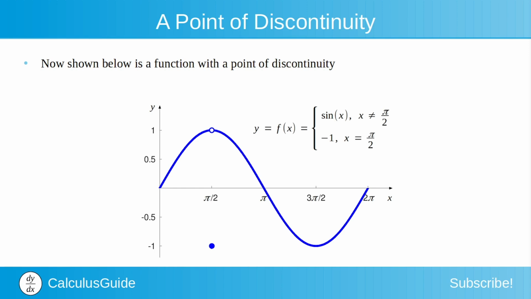This function has a point of discontinuity at x is equal to pi over 2. We cannot draw this function with an unbroken line. This function is not a continuous function. It is not continuous at every point of its domain.